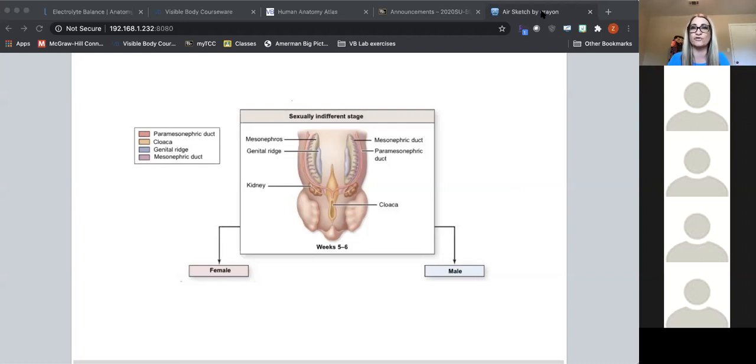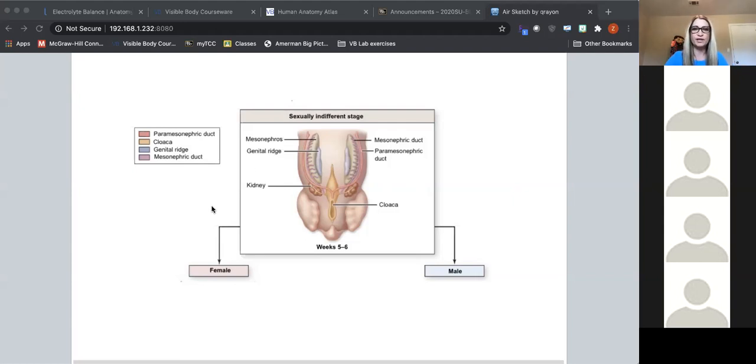And then the genital ridge will become testes. If you're a female, you will keep the paramesonephric duct, and the genital ridges will develop into ovaries. But you can see that both testes and ovaries are originating from the same tissue. This is what homologs mean: they originate from the same cell line, but they will develop into something different.